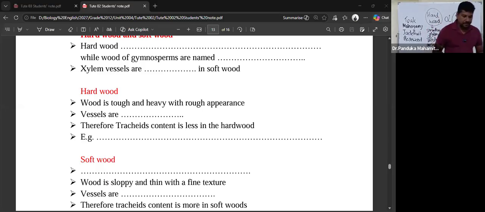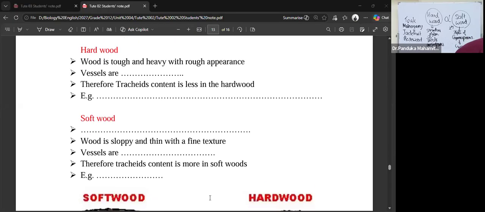Right. Softwood. The first point: it is the wood of gymnosperms. Softwood is a wood of gymnosperms. The wood is soft and thin with a fine texture.